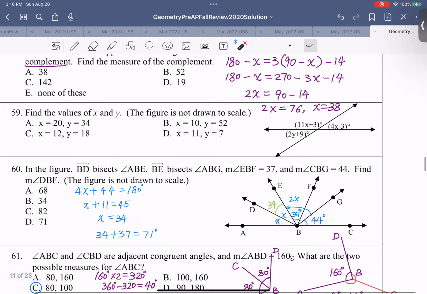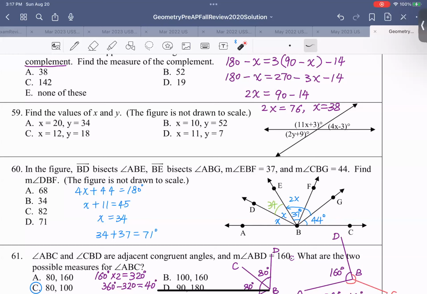Question 60 here. Look at this. This also sounds really confusing. So that's why we want to mark it. BD bisects ABE. BE bisects all of this.